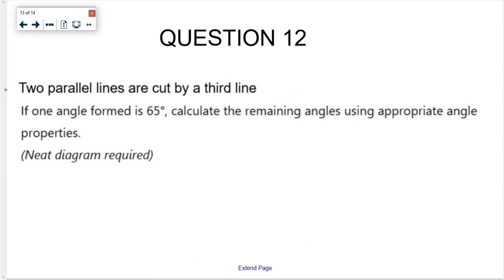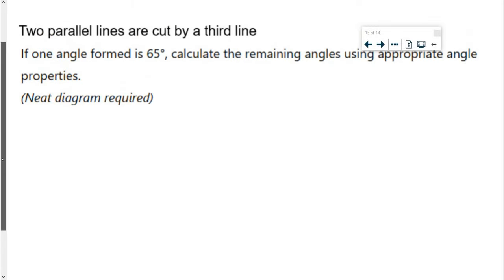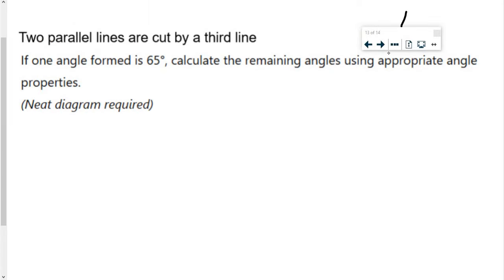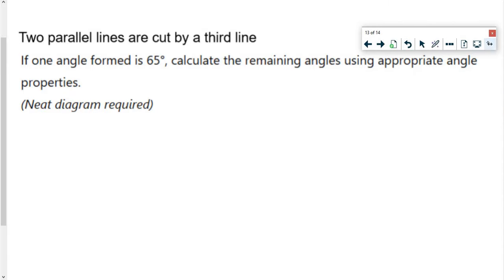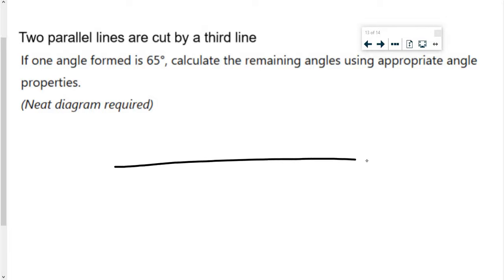Next question. Two parallel lines are cut by a third line. Two parallel lines. So just take a scale and draw those two parallel lines. So we have the first line like this and another line like this.